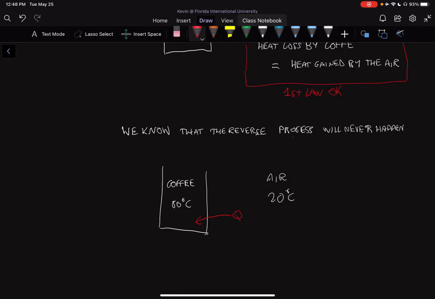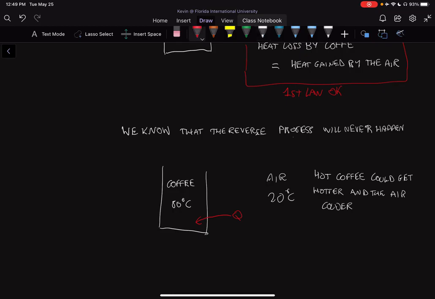The air is at 20 degrees Celsius, so we could technically use some heat of the air and cool down the room even more. So we could say the hot coffee could get hotter and the air colder.